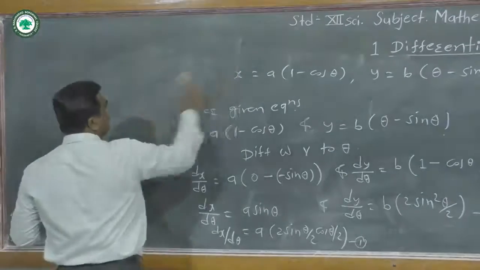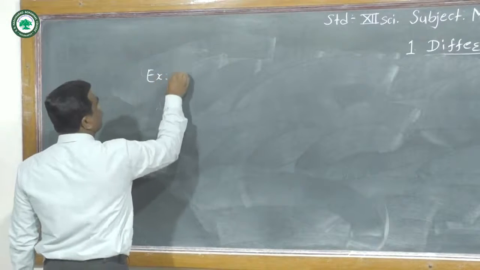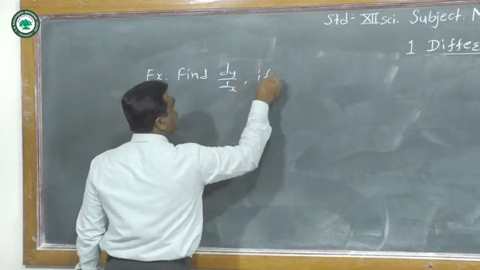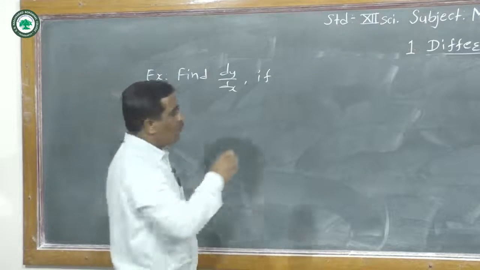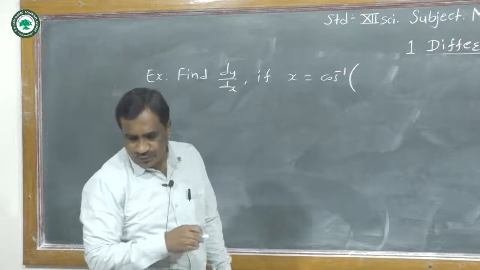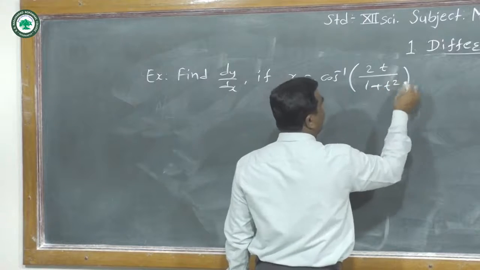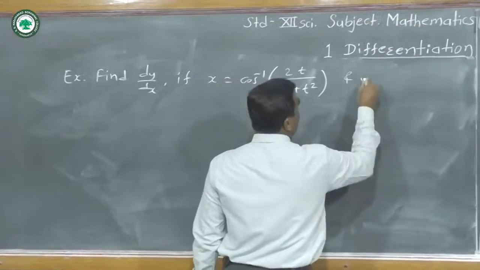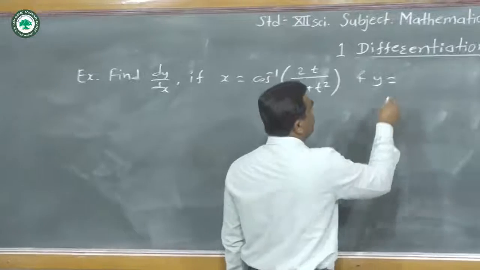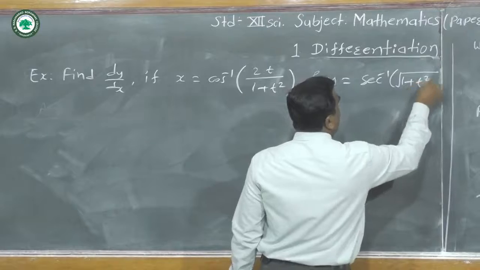Next example is find dy by dx if x equal to cos inverse of 2t upon 1 plus t square, and y is equal to sec inverse of under root 1 plus t square.